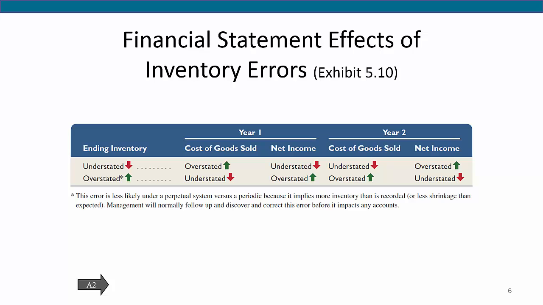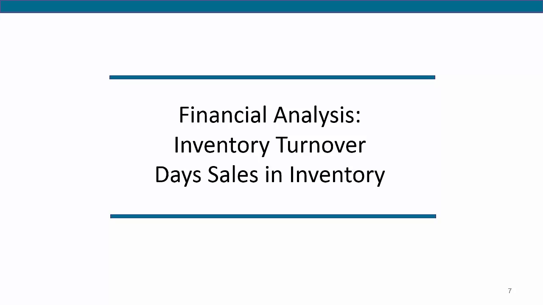They will self-correct over 2 periods. And finally, just because they self-correct does not mean it's okay to ignore them. The financial statements for 2 periods will be incorrect, and if the error is significant, the financial statements should be adjusted when the error is identified.